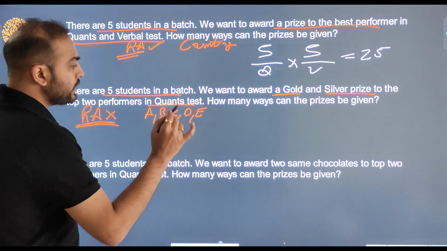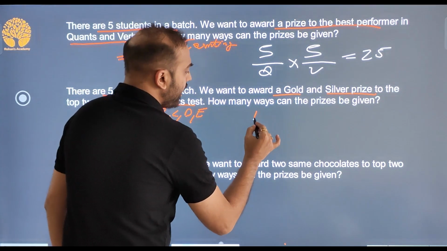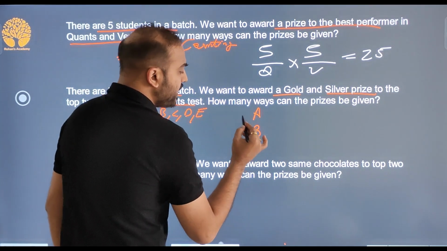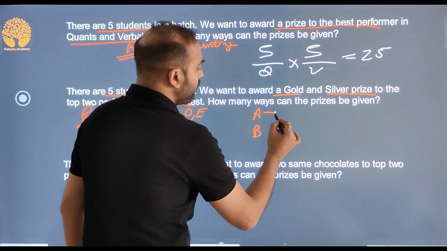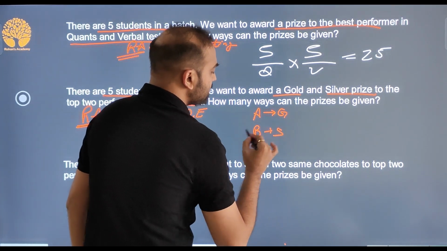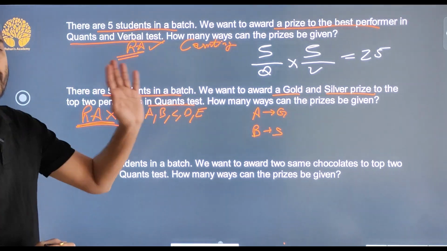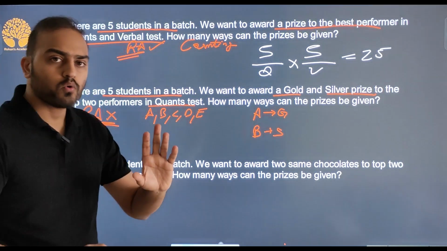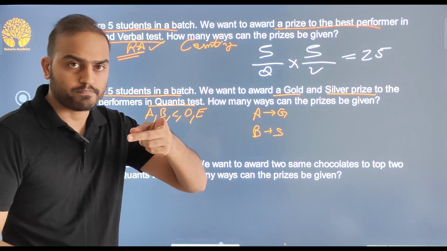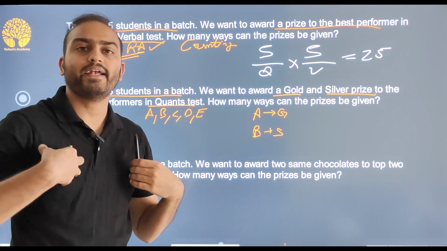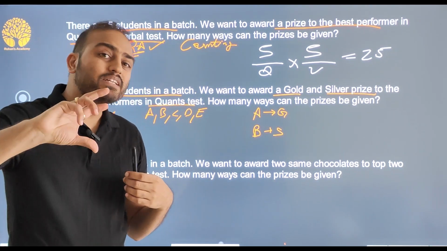Scenario number 1: A gets gold, B gets silver, and C, D don't get anything. Now if I interchange, say you get gold, I get silver. Now let's interchange.